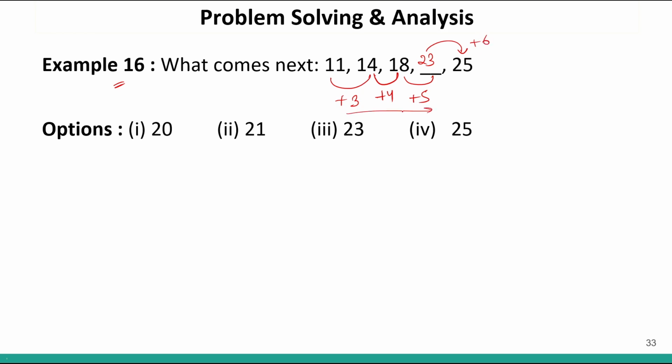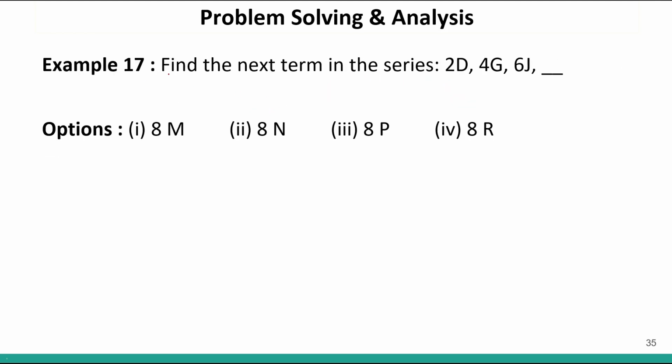So this logic is not being followed. So maybe some other logic is being followed. So up till here, this was plus 3, plus 4. So now if I repeat the logic and add 3, plus 3 will give me 21. So 21 and 25, this is plus 4. So again, same as plus 7, plus 9. We repeated the logic of plus 3 and plus 4. So 21 will be the correct answer, which is given in option number 2.